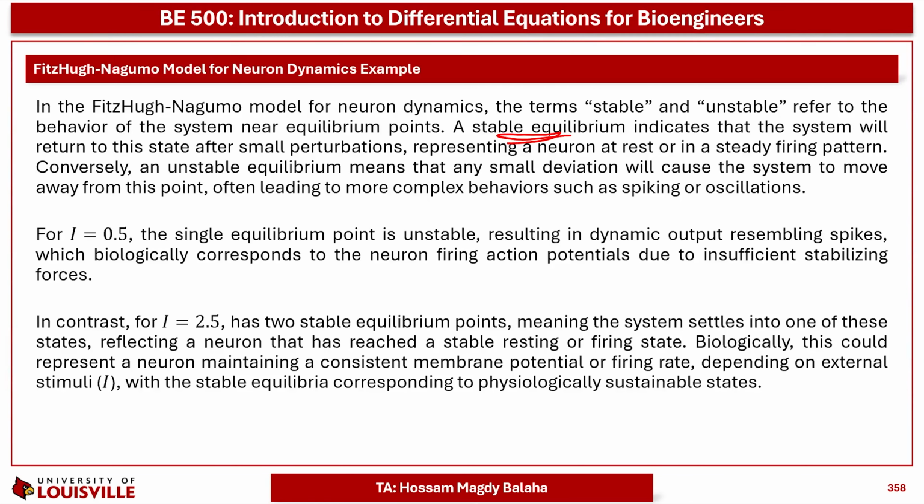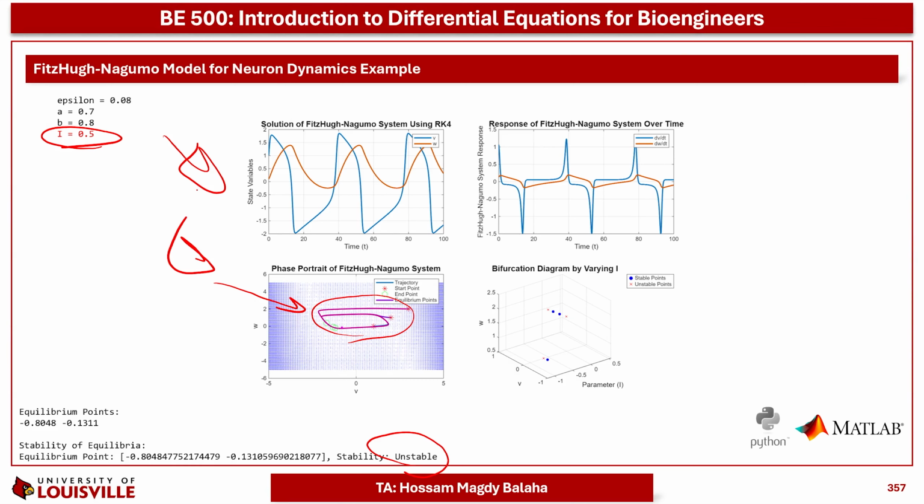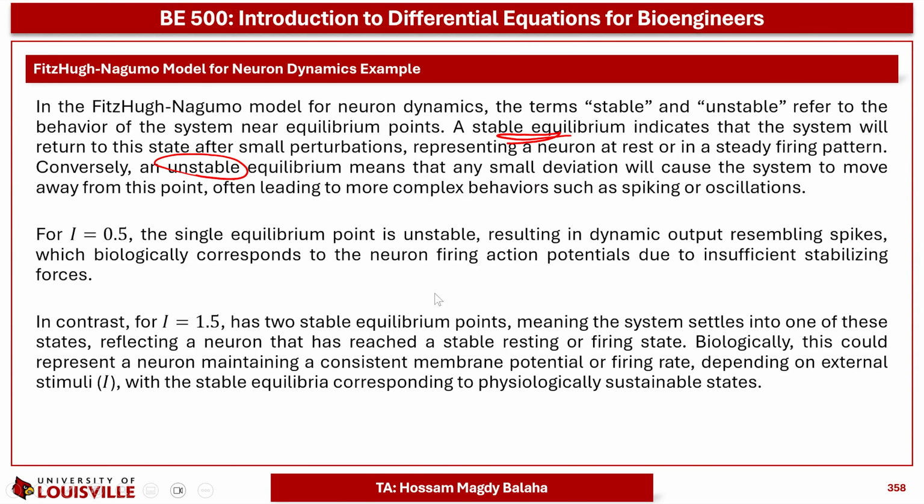On the other hand, an unstable equilibrium means that any small deviations will cause the system to move away from this point, and this often leads to more complex behavior such as spiking or oscillations, as you saw in this example. And if you need to reflect that biologically, we may represent that the external force of 0.5 may correspond to the neuron firing action potentials due to insufficient stabilizing forces, and this will lead to resembling spikes.